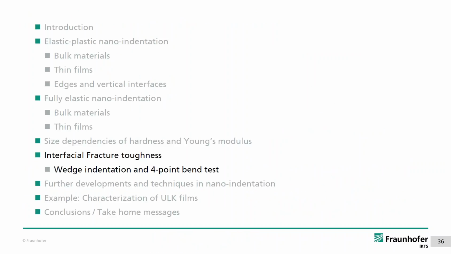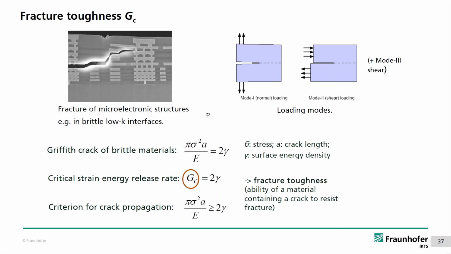I will also tell something about interfacial fracture toughness, which is pretty important in material testing. So this is a microelectronic device with a catastrophic crack that travels along the interfaces. And if you have a brittle material, then you can use the Griffith crack theory, which is just a strain release, and you create new surfaces, and the energy of the surface created then controls the crack growth.